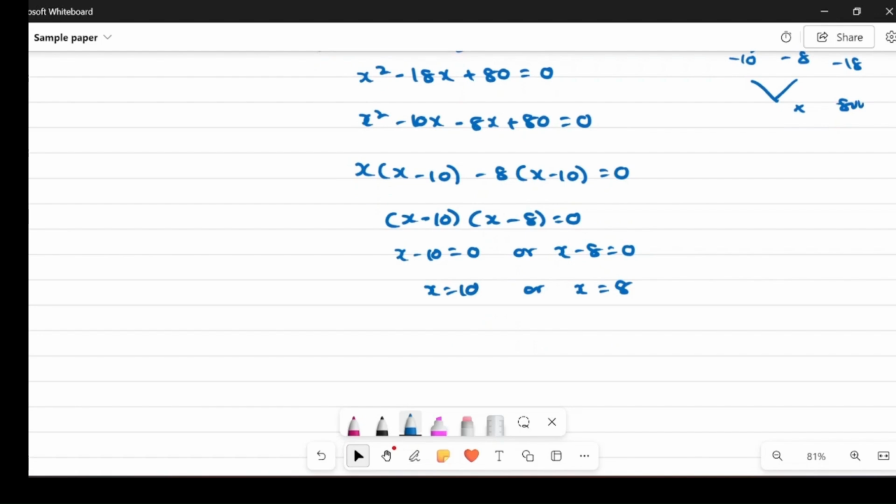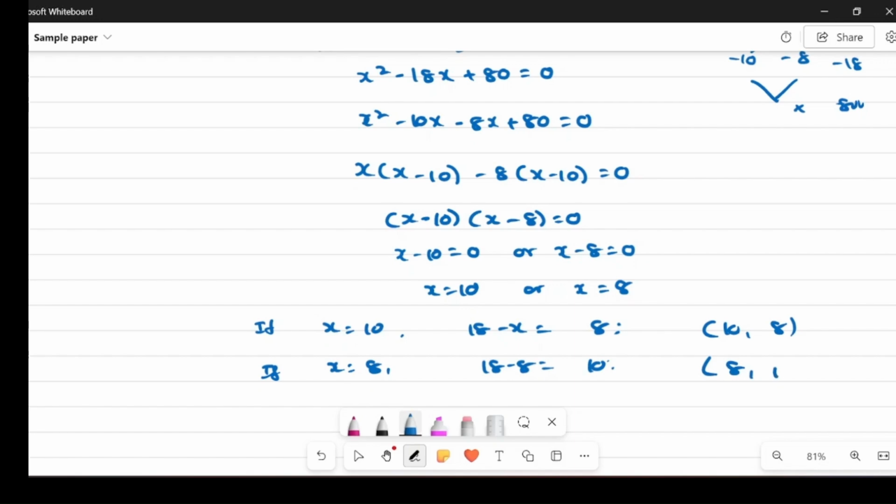If x is equal to 10, then the other part 18 minus x would be 18 minus 10, which is 8. So the numbers can be 10 comma 8, or if we take x is equal to 8, then obviously the other number would be 18 minus 8, which is 10. So you can write them as 10 and 8 or 8 and 10.